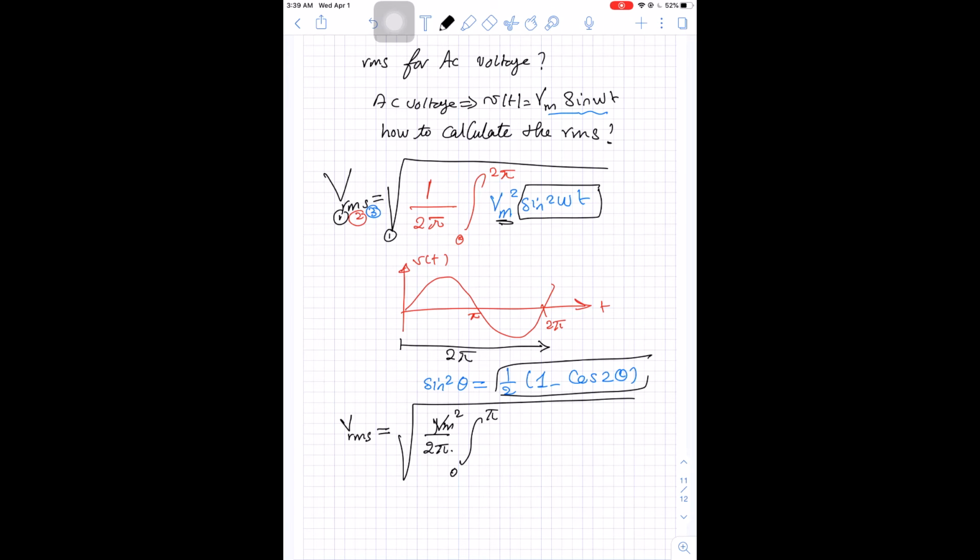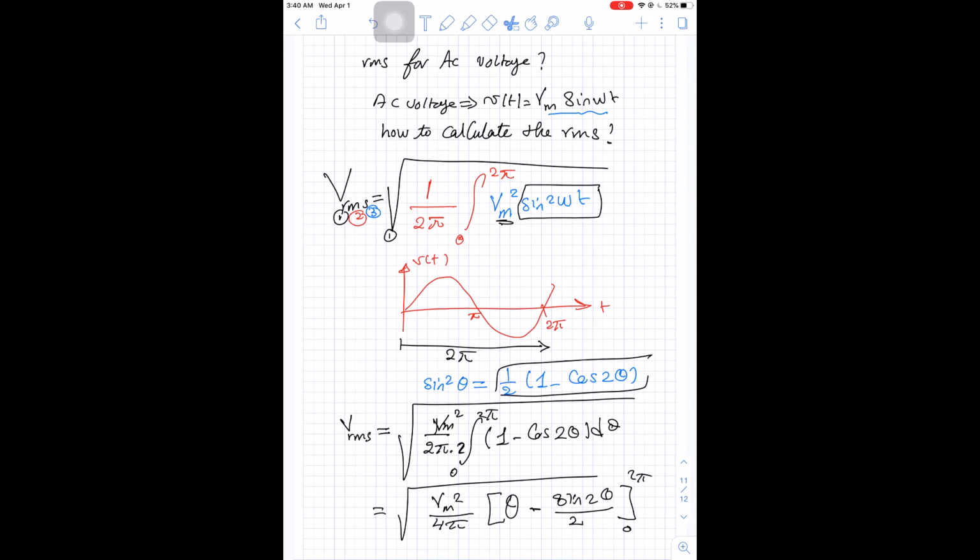So here we will multiply by 2 because of the half, and we are integrating 1 minus cos 2 theta d theta. This will give us the square root of V max squared divided by 4 pi, and the integration of 1 is theta, and the integration of cos 2 theta is sine 2 theta divided by 2, and we are integrating from 0 to 2 pi.